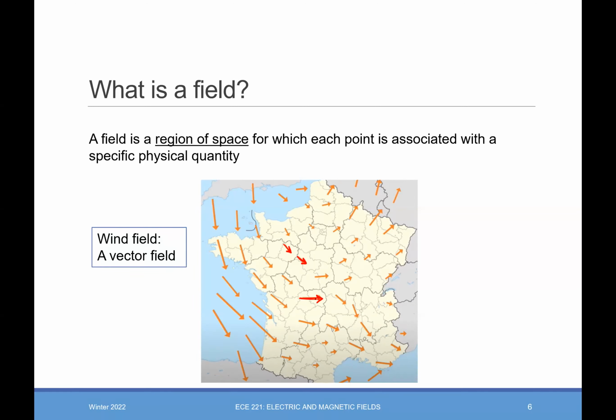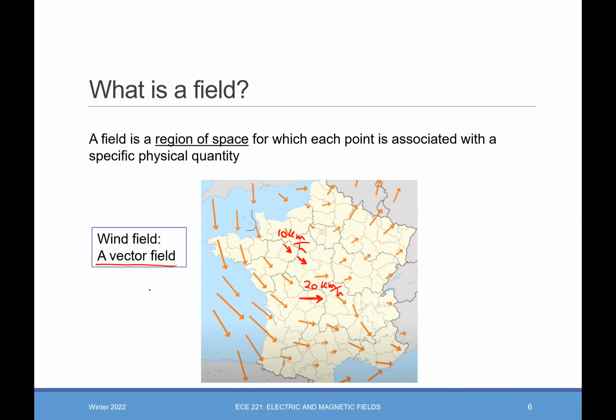The different vectors have different lengths representing their different amplitudes. For example, this can be a 20 km/h wind, and this can be 10 km/h. So this physical quantity, wind, has both direction and amplitude. That's why we call it a vector field.